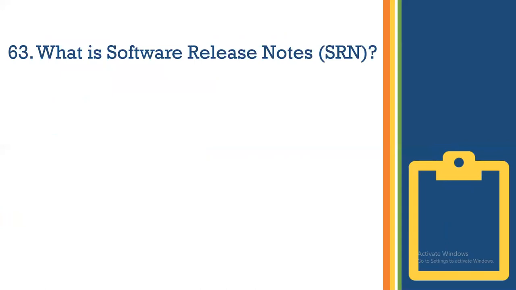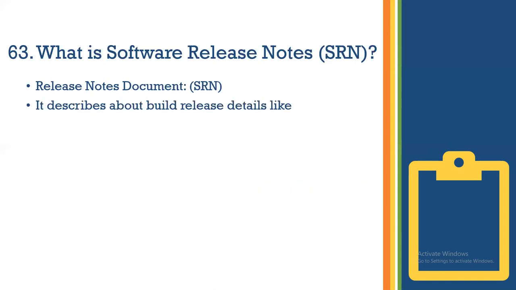What is a software release note? What is SRN? Software release note. Whenever we get a build from development to the testing team, we get two kinds of documents: the software release note, SRN, and a deployment document, DD.